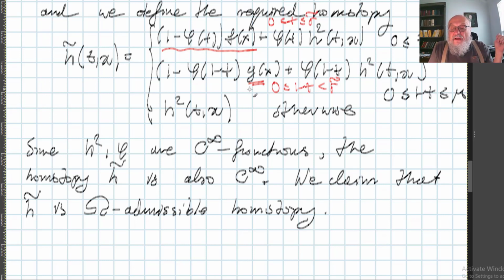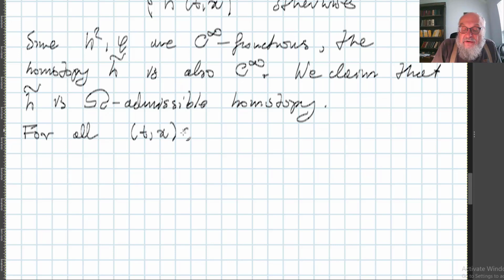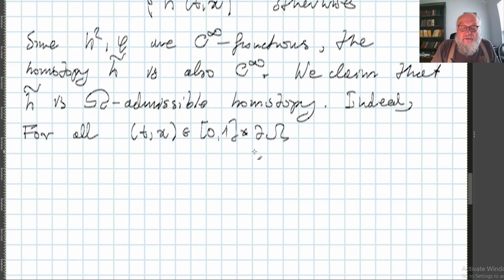So we only need to prove that this is an omega admissible homotopy. That's what we are going to do now. So now let me just write it down. So by the definition, for all (t,x) belonging to [0,1] times boundary of omega, we have.